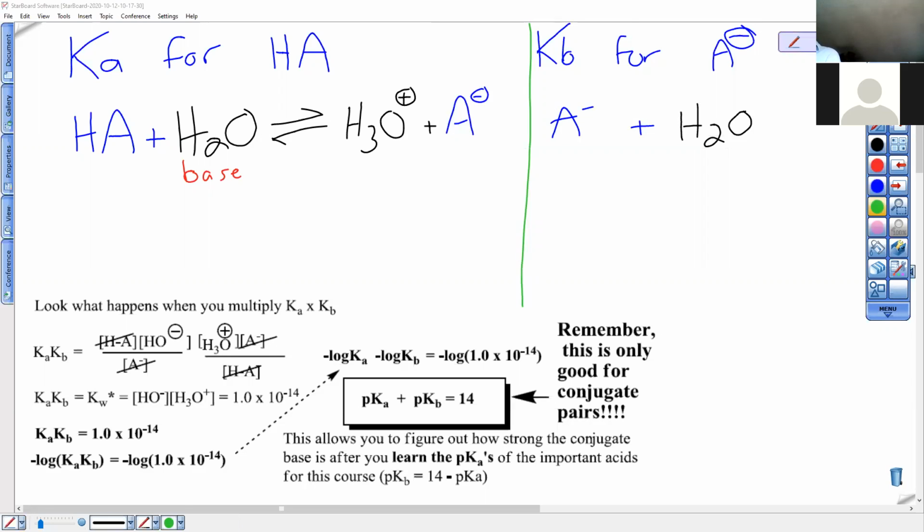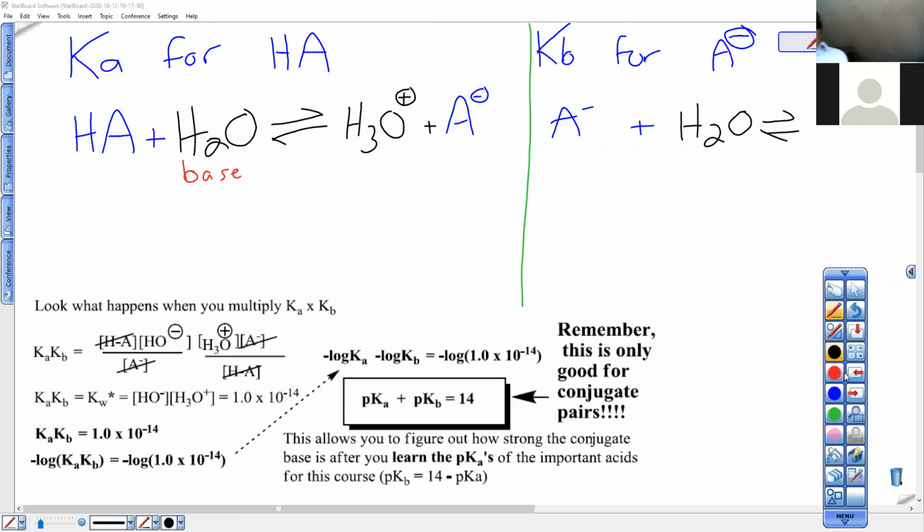Here we go. A minus will take an H plus from water. What's H plus also called? Proton. Water becomes hydroxide. A minus took a proton, became HA, back to its conjugate acid.